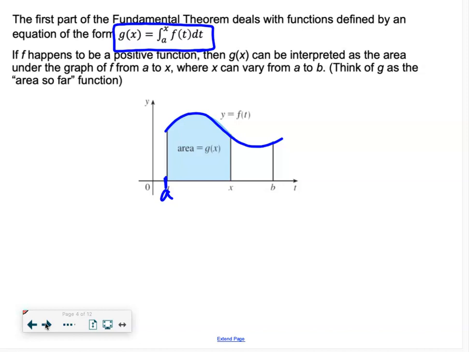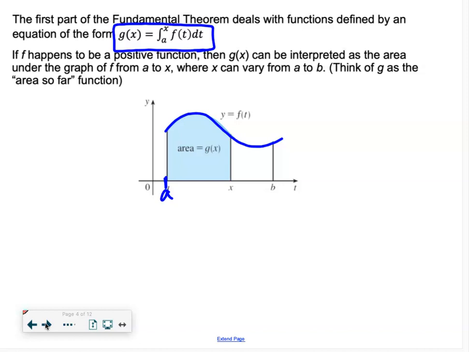Now, why do we need different letters? Because if we call this f of x, and I said, what's g of 5? You'd be plugging a 5 both in here and in here, and you'd end up with an integral of a constant, which would just be a rectangle. It would change the function to a constant. So when I plug a number in, I only want it to go here.